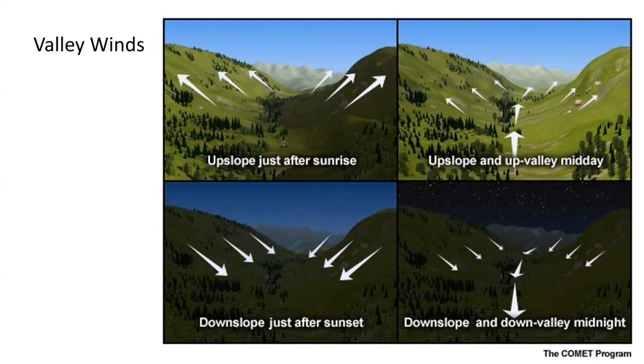So the valley wind, it wouldn't be impossible for you to be landing backwards at 3 in the afternoon if you were in the wrong valley. So local knowledge, yes, please.